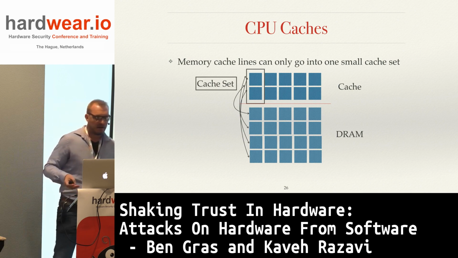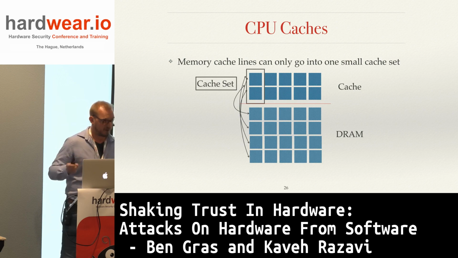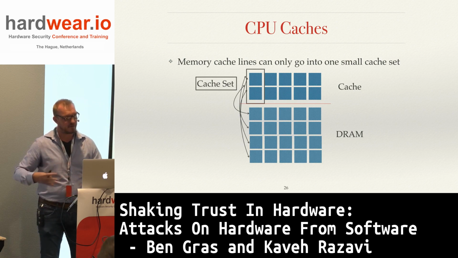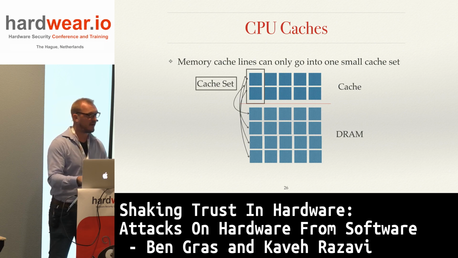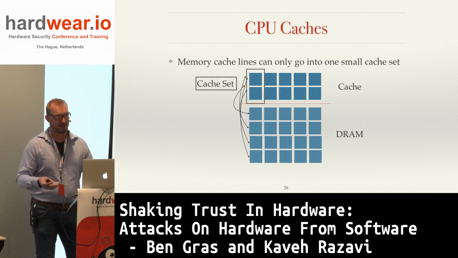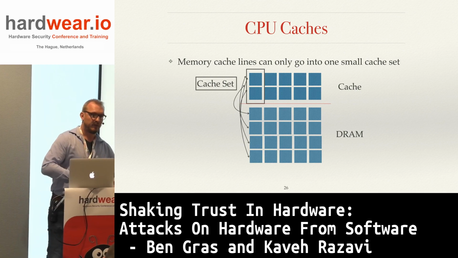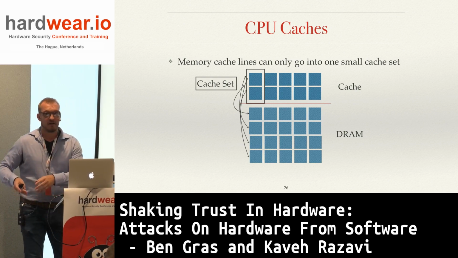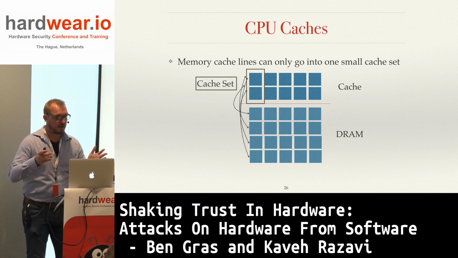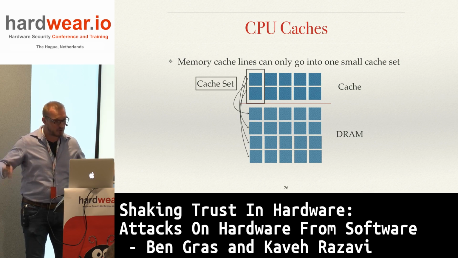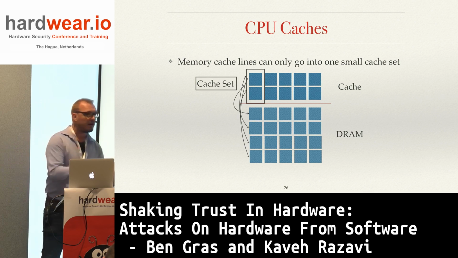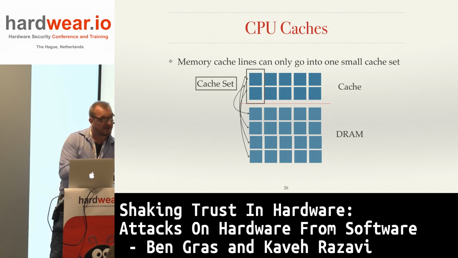But unfortunately, the cache is not perfect. So you cannot cache absolutely anything from DRAM absolutely anywhere in the cache. That would be great. But there's a limitation because it has to be fast. The limitation is that the DRAM is partitioned into groups. Each group can only go into its own cache set in the cache.